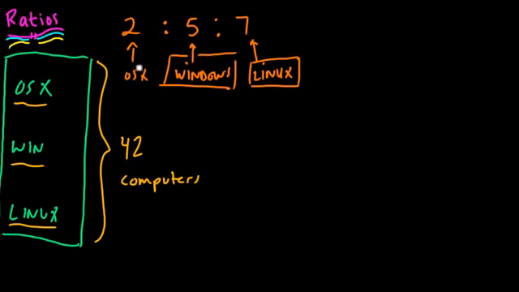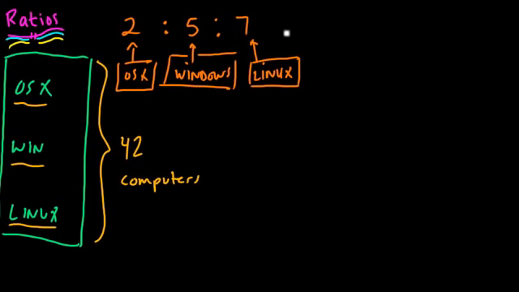But anyway, so these are our 3 operating systems. And the question is, well, how many of each computer are there that are running these operating systems in this lab? So how do we do that? Well, again, this is a part-to-part ratio. This means for every 2 computers running OS X, there are 5 running Windows, and there are also 7 running Linux.